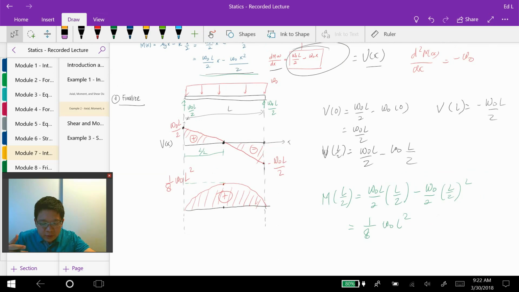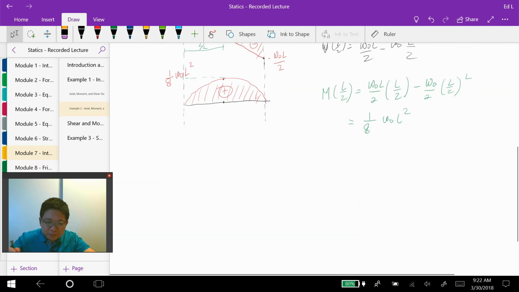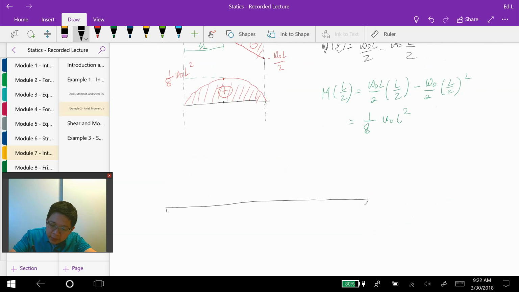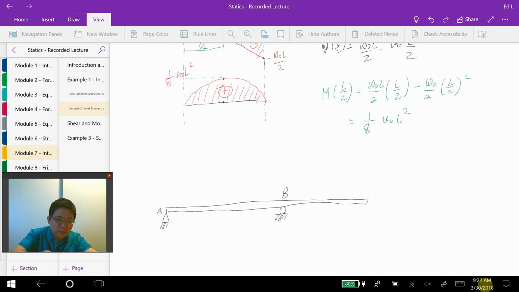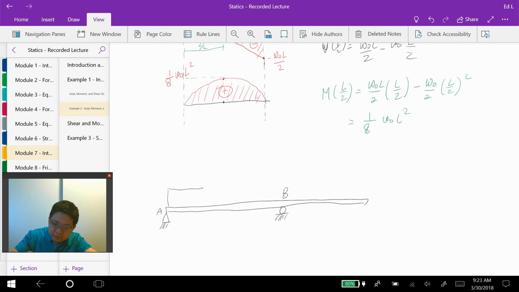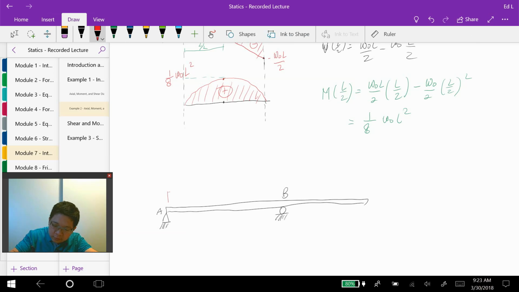It's pretty simple. However, I would like to end this lecture by asking you how many ranges there are in these structures. For example, I have a beam that is pin supported at A and roller supported at B. Then I have a uniformly distributed force applied, let's say that this is 3L over 4.